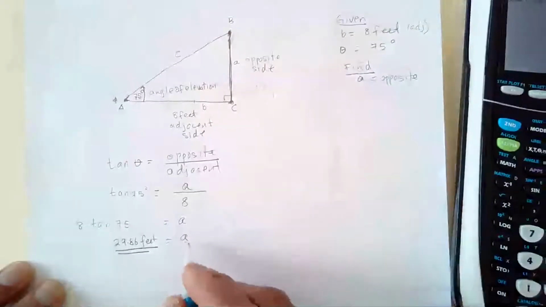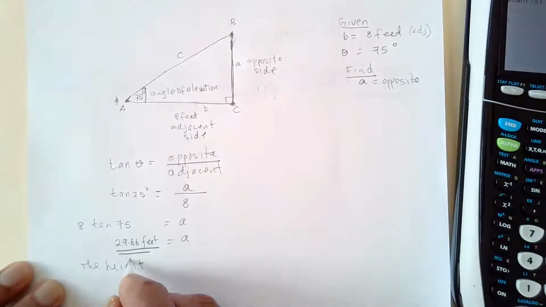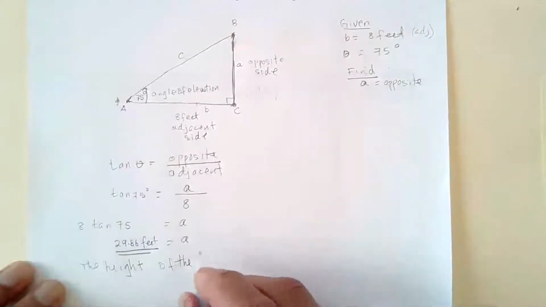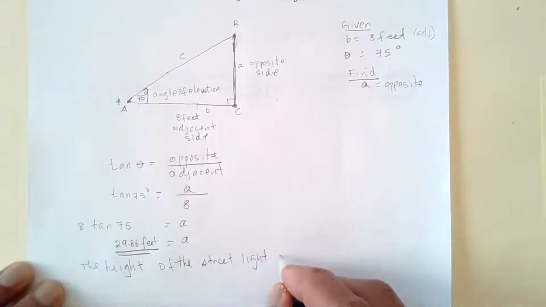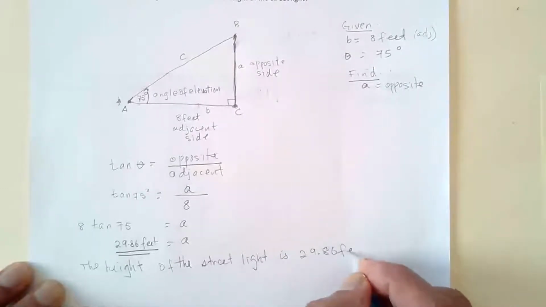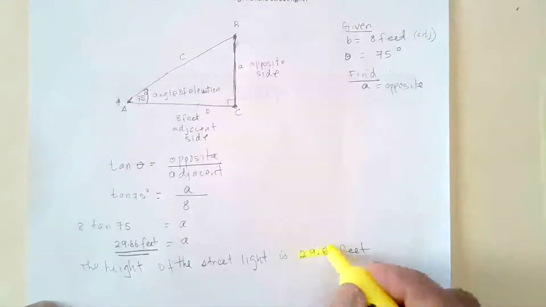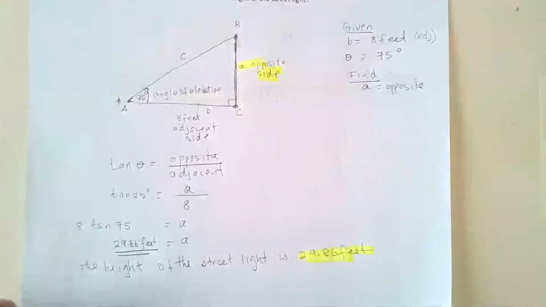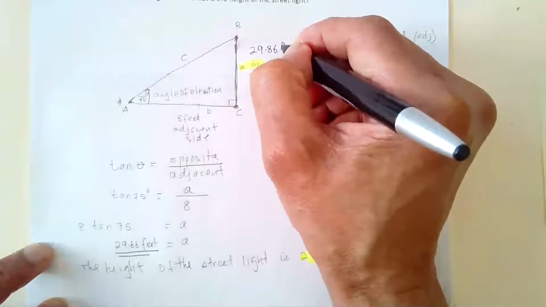So the height of the street light is 29.86 feet.